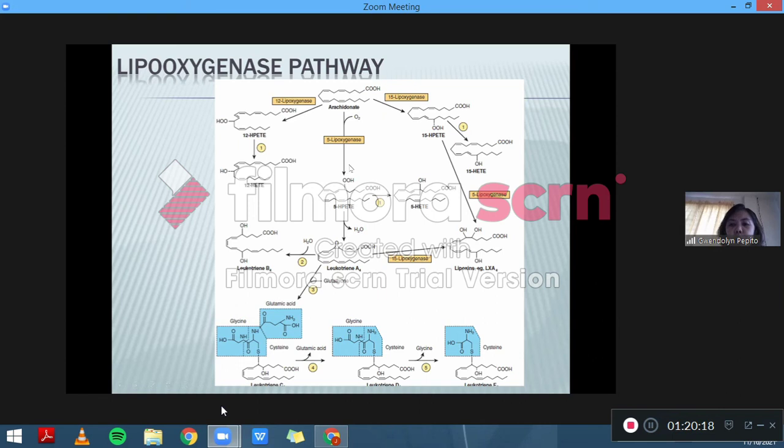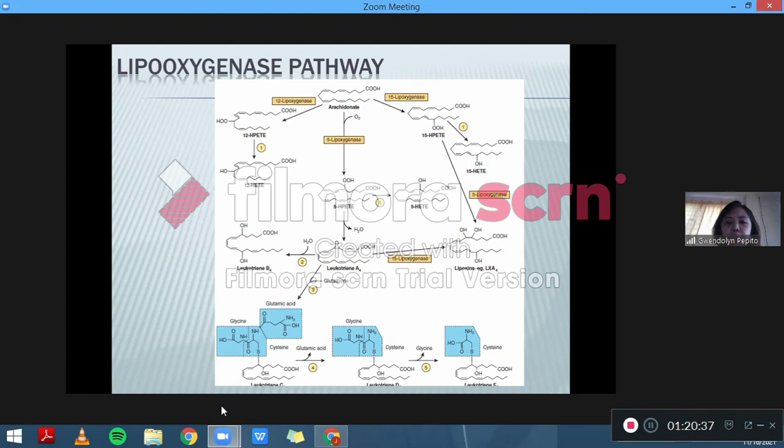I've mentioned also previously, last quarter, that leukotrienes can cause allergic reaction or even the presentation of bronchial asthma.